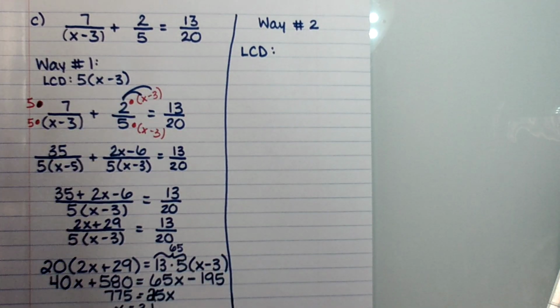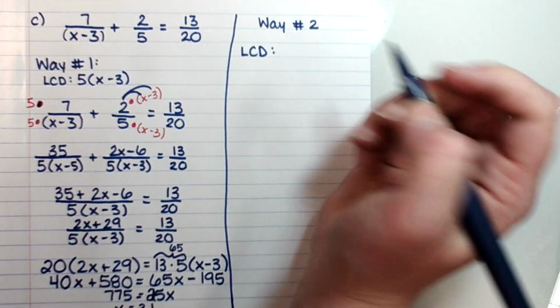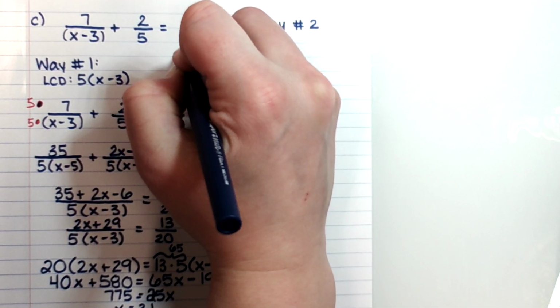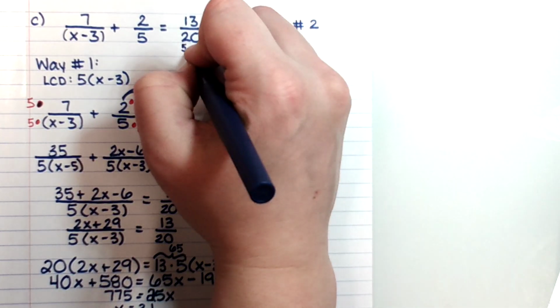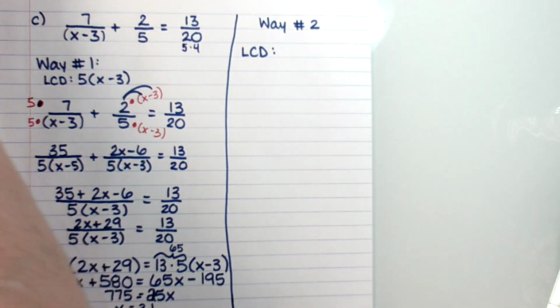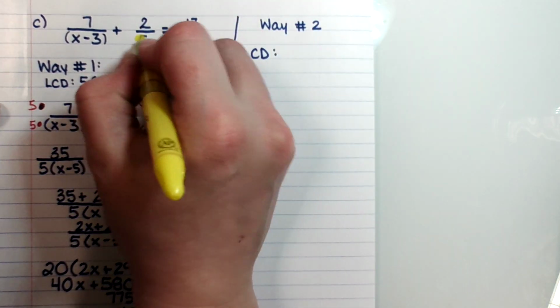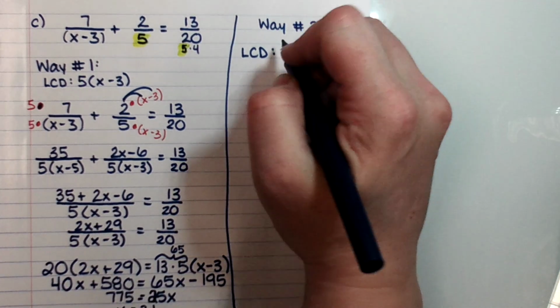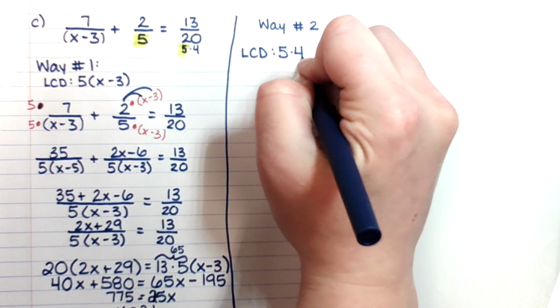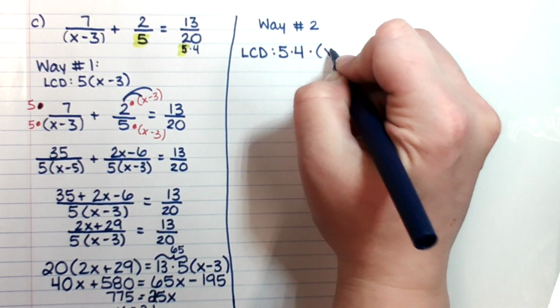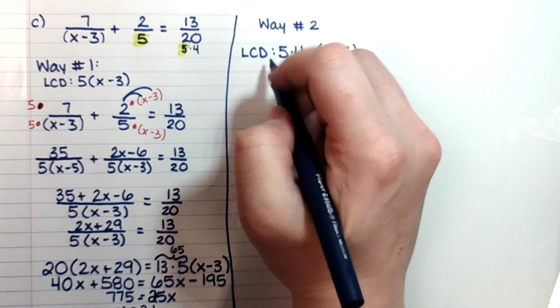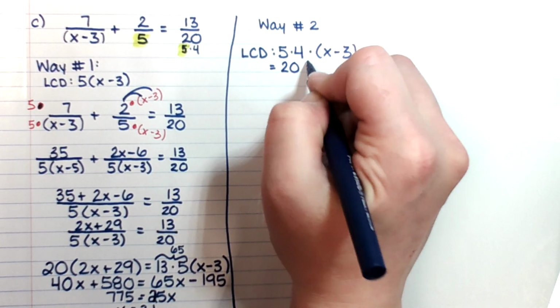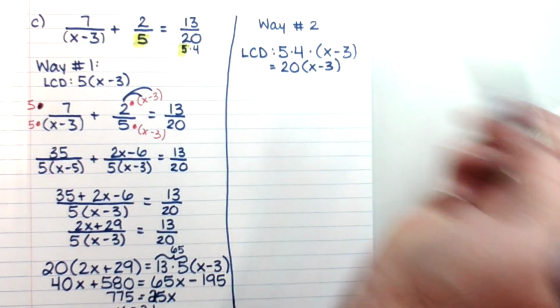If you're not sure about that, look for the greatest common divisor. They both divide by 5, and this is 5 times 4. In common, they have the 5, and I need a 5, as well as the 4, as well as the x minus 3. My least common denominator for all fractions is 20 times x minus 3.